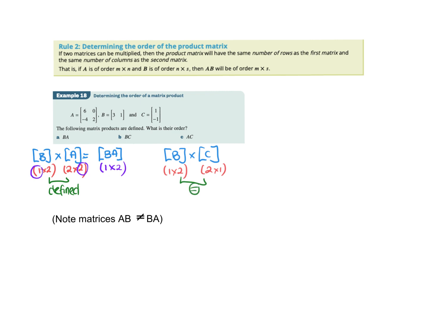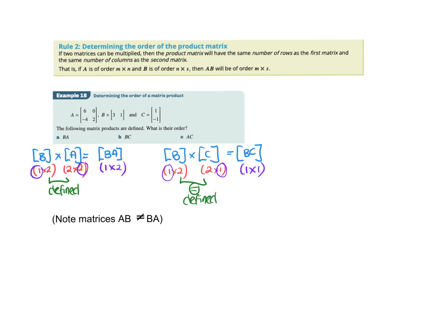And what will its answer be? It is defined, so I'll get an answer, this new matrix BC. What will its order be? It'll have 1 row and how many columns? Another 1. Yep, so we're taking from there.